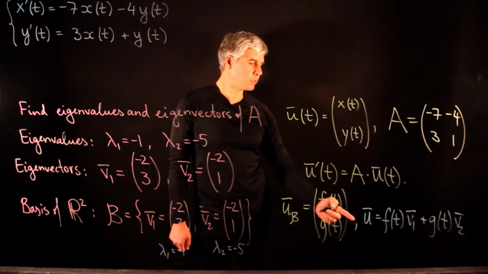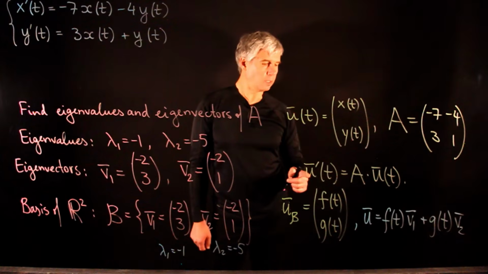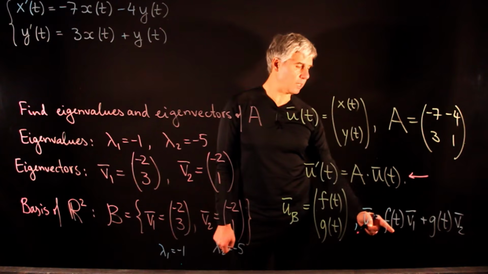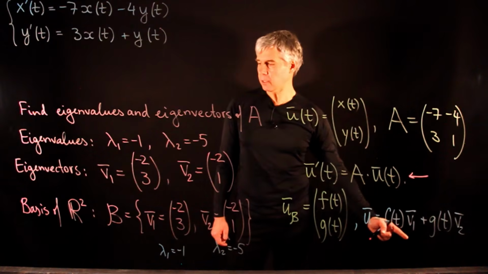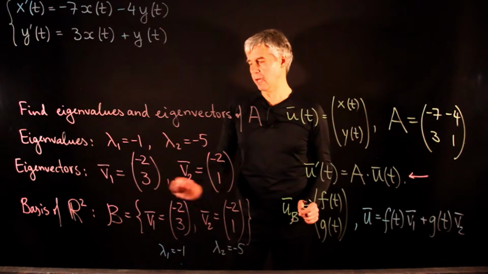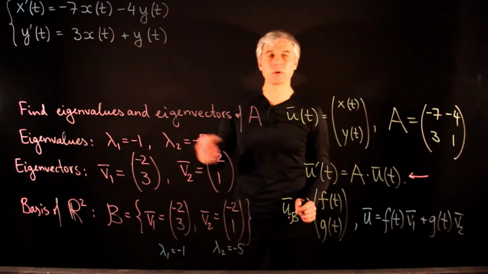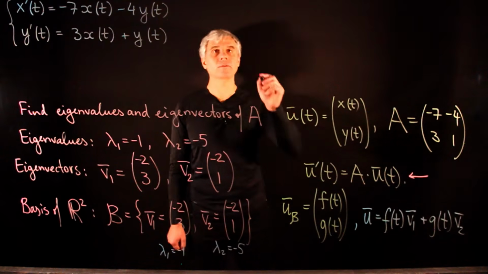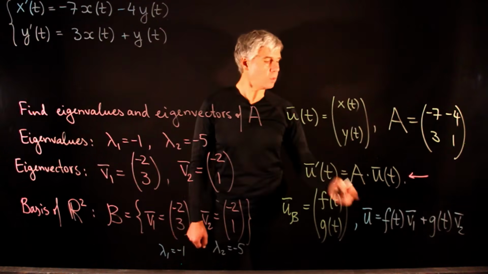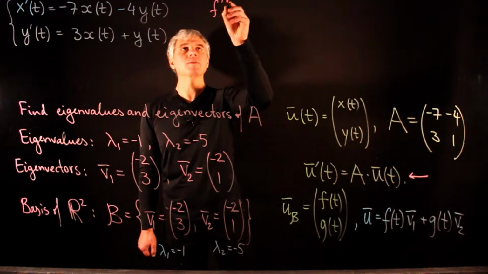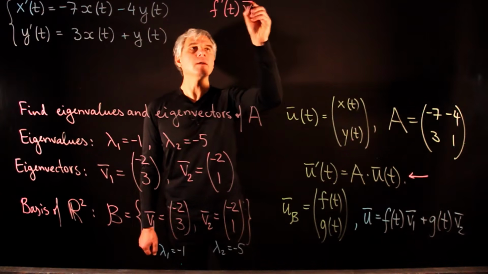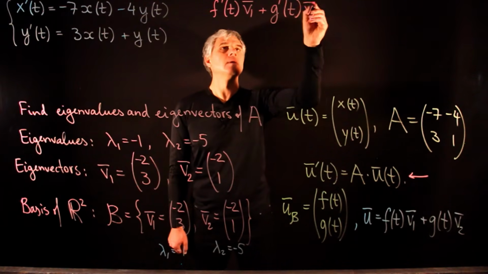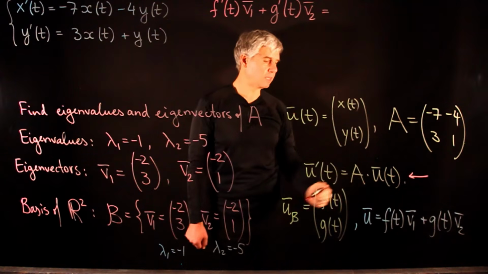Next, let us substitute this expression for u in our differential equation. Here, the coefficients are functions of t, but the vectors themselves are constant vectors. So these are fixed eigenvectors of our matrix A. Then the left-hand side will look in the following way. If we take the derivative of u, then we get f prime of t times v1 plus g prime of t times v2, which is equal to the right-hand side.